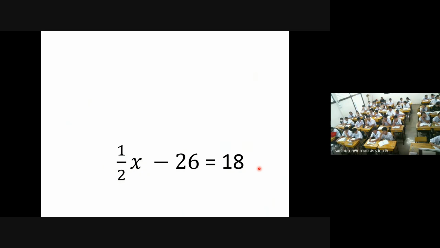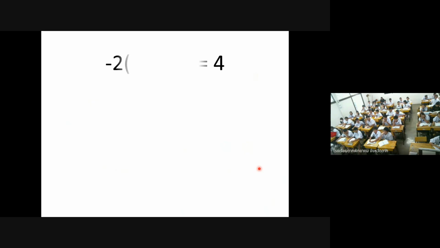Now let's make it a bit harder. So, put times. Okay? Negative 2 times the quantity, is equal to, left half the quantity. Okay? We just read it as a whole. Understand?